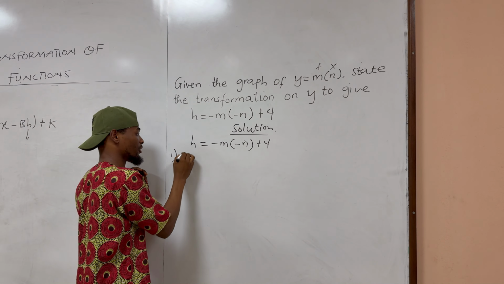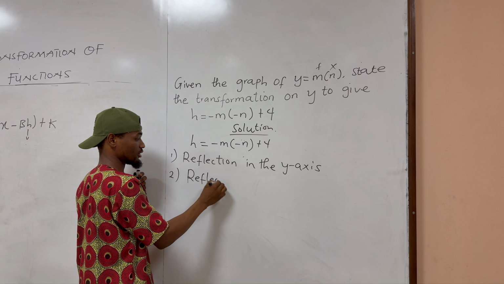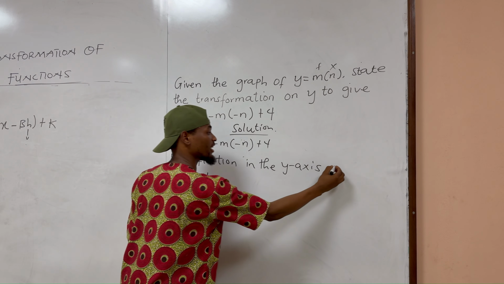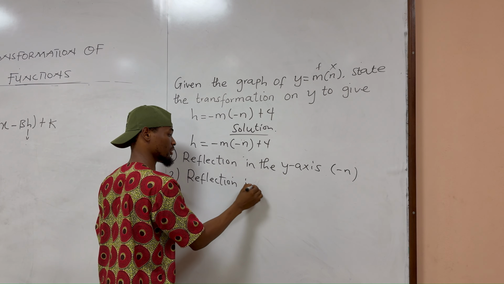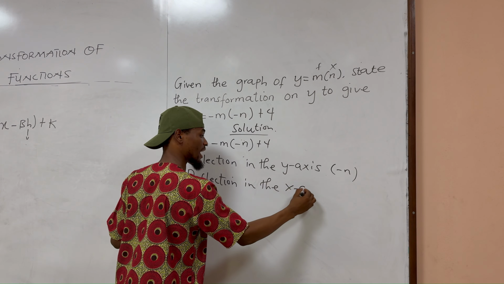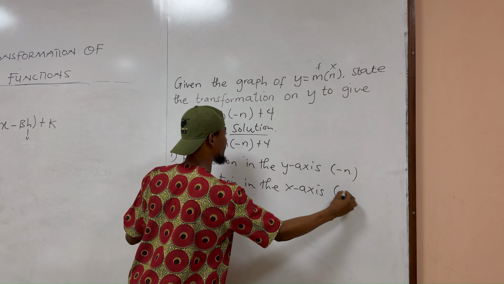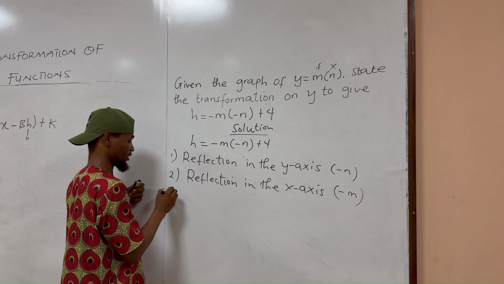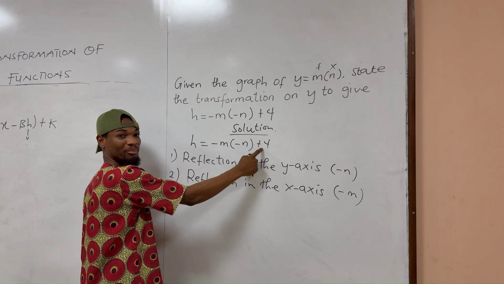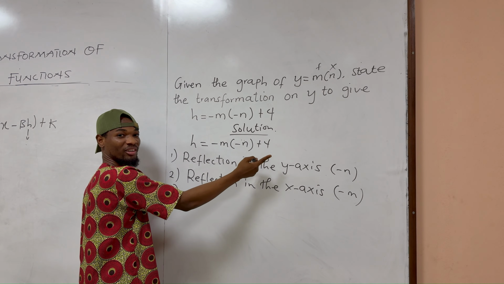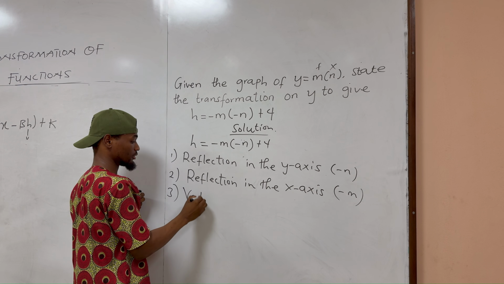If I'm negating y, it means reflection in the x-axis, because of the negative m. Then what can we observe again? You are done with that. You can see this, plus 4, vertical shift, right? So this is vertical shift.